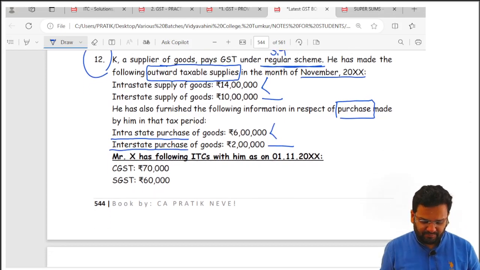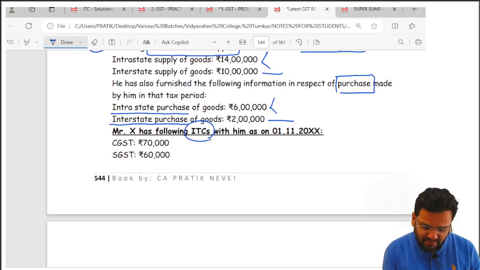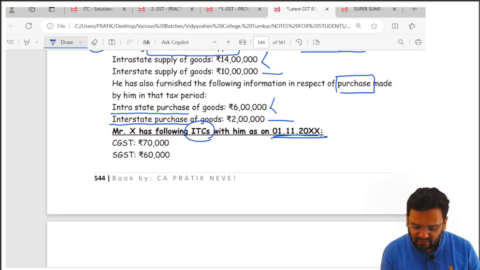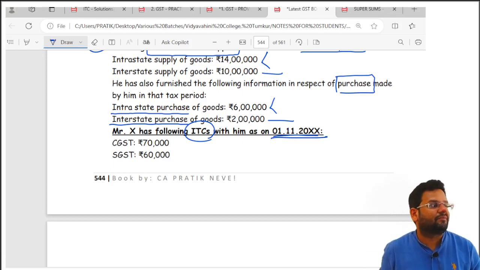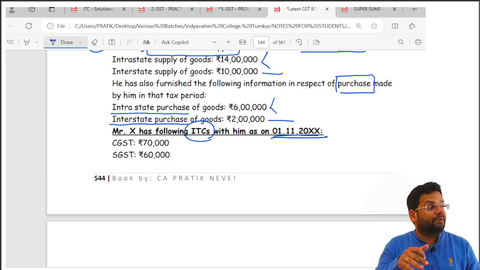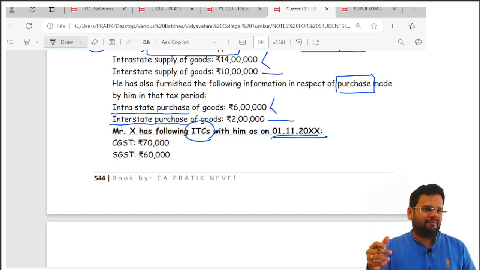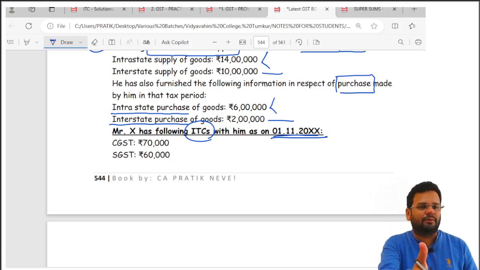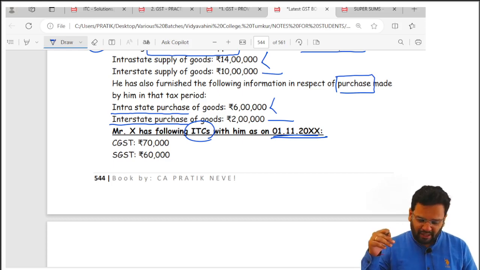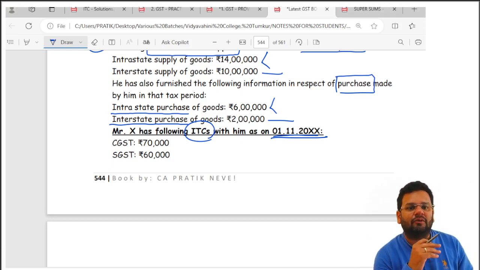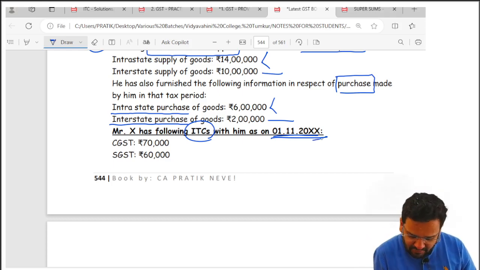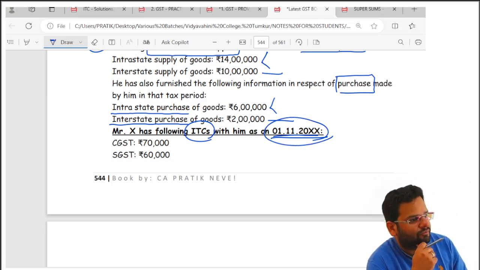Correct? He has the following ITCs with him as on 1st November. What is this? Opening balances. See, if I cannot use ITC last month completely, then it will get carried forward to next month. So ITC which you cannot use in the month of October has been carried forward on 1st November.